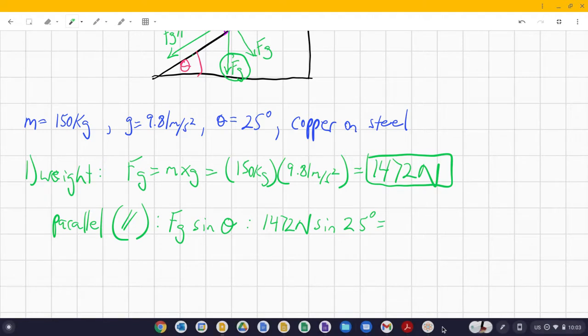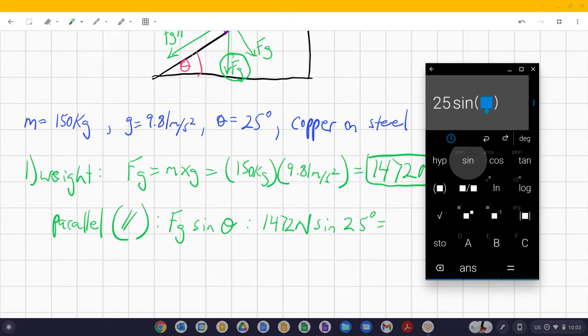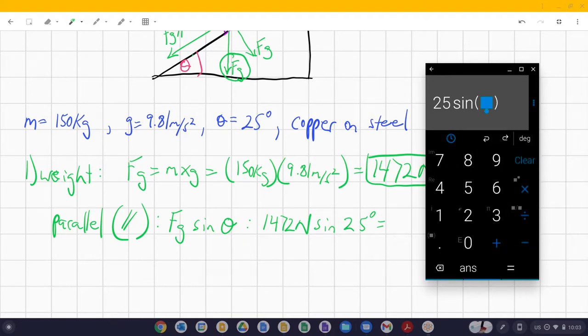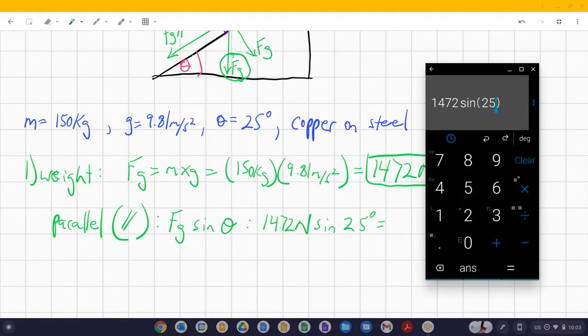All right. So 25, where's my trig on this thing? Oh, this one actually lets me write a complete sentence. Yeah, some calculators are different. This one apparently lets me write out a full mathematical sentence here. So 1472 sine of 25.